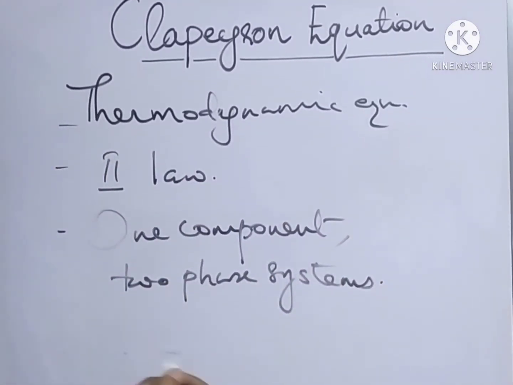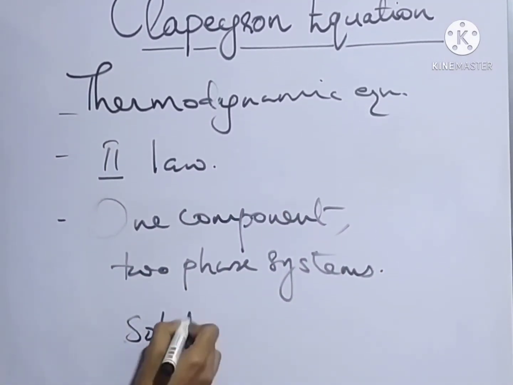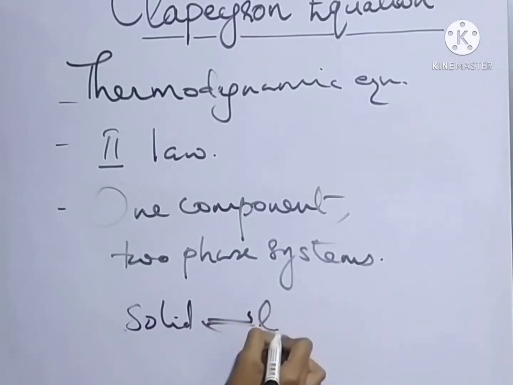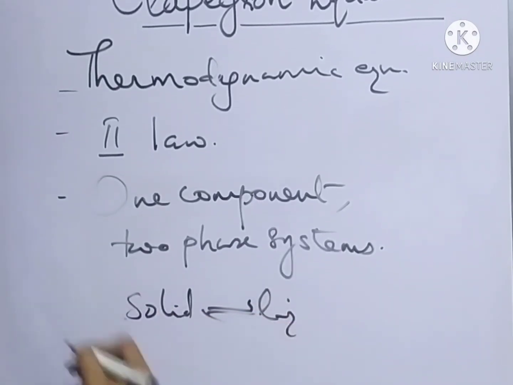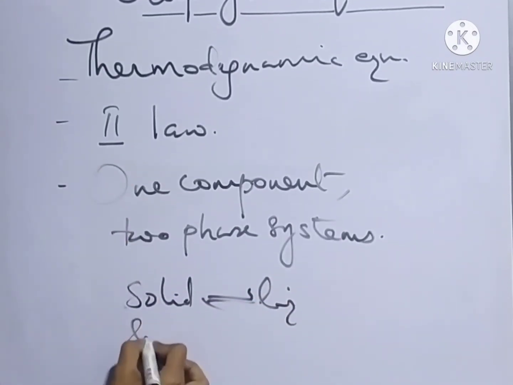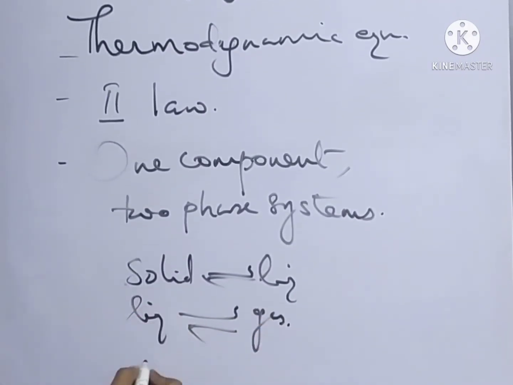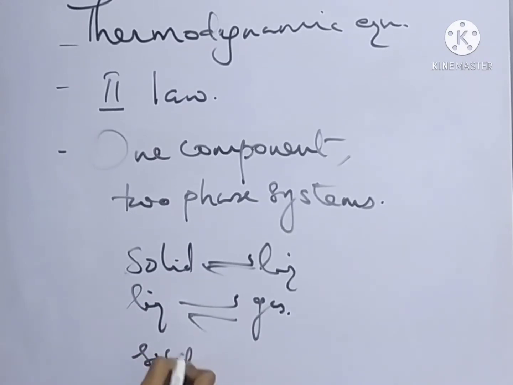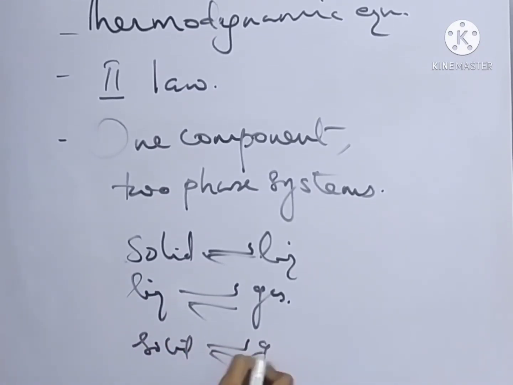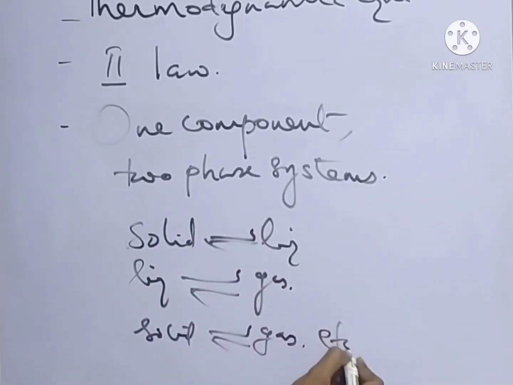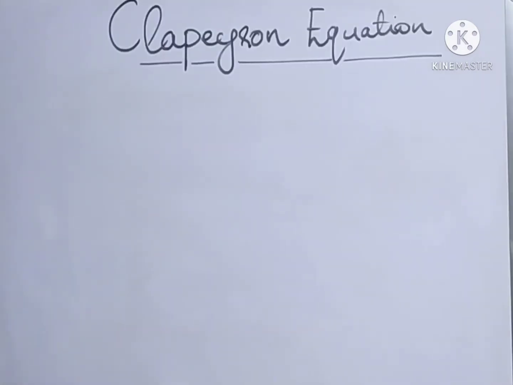That is, we can use it for solid to liquid equilibrium, or liquid to solid, or liquid to gaseous equilibrium, or solid to gaseous equilibrium, etc. So let us derive the Clapeyron equation.